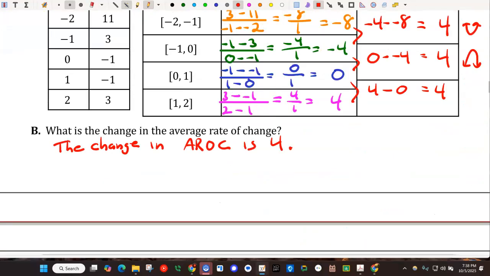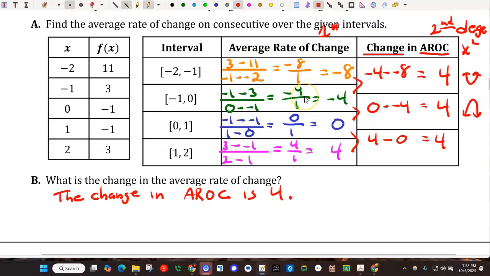All right, good. Hopefully this is working for you. So what does this mean? Why is this important? This is going to tell us not only that the second set of rates of change are all the same, it's also going to make a difference if these are going up or going down. If we go back and look at this, from negative 8 to negative 4, it's increasing.